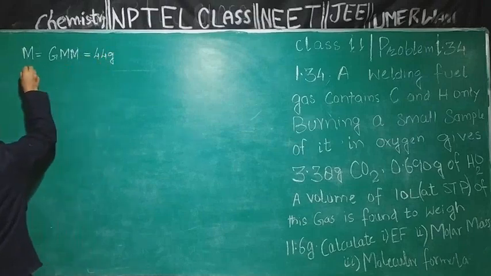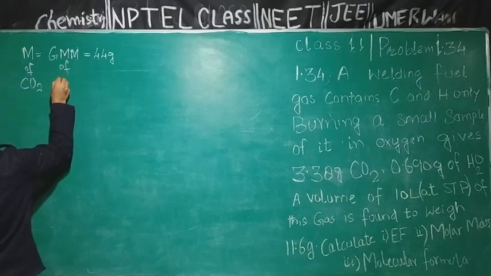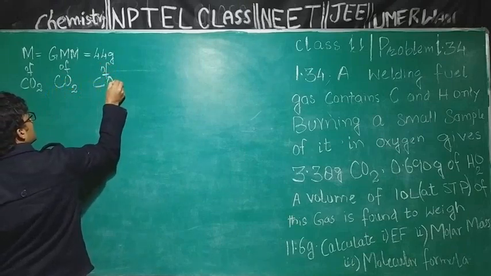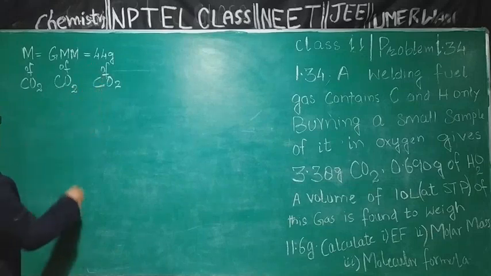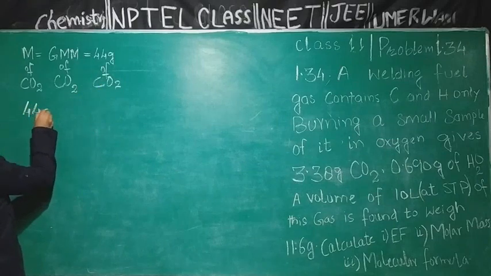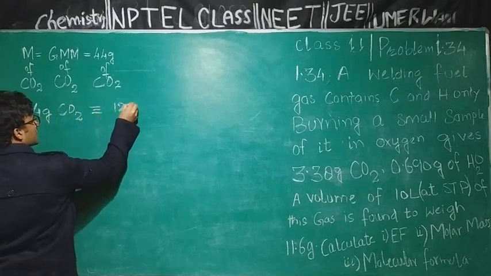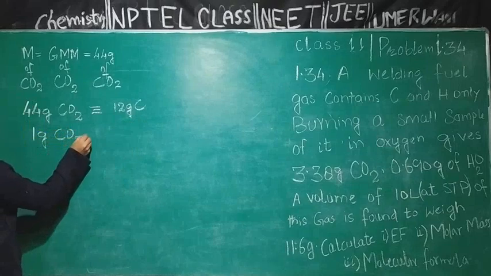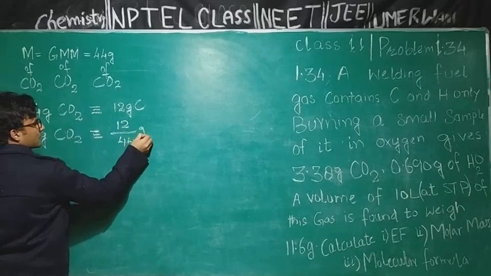Now 44 grams of carbon dioxide contains 12 grams of carbon. So 1 gram of carbon dioxide will contain 12 by 44 gram carbon.